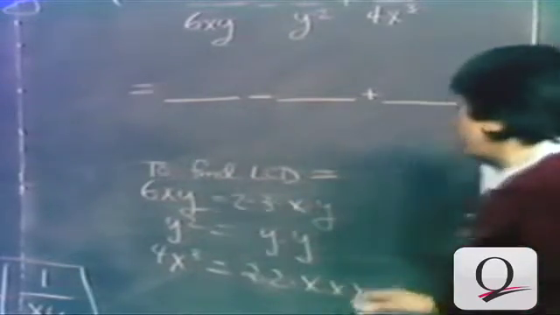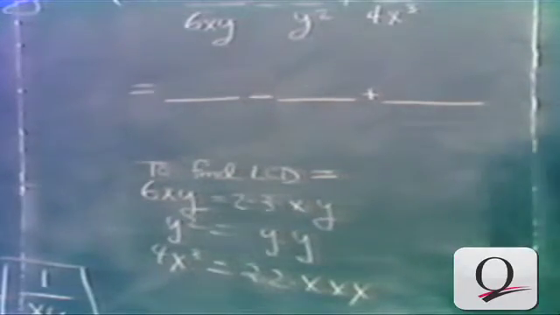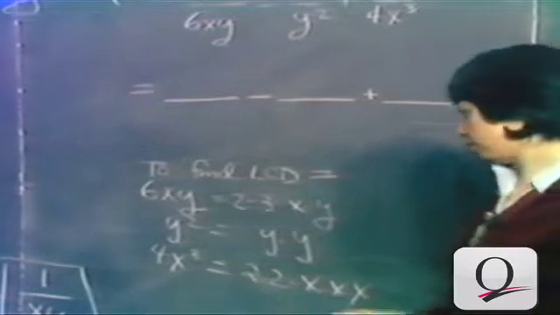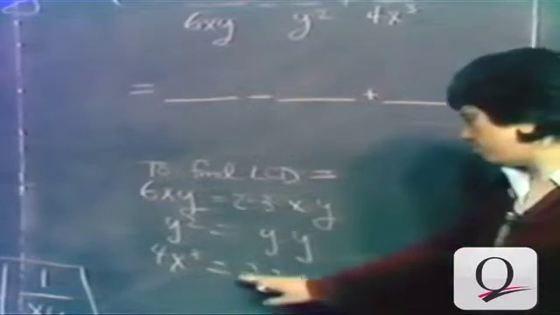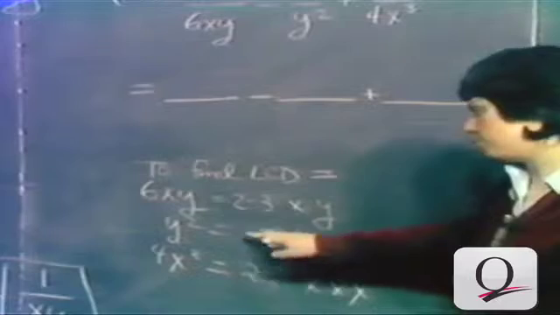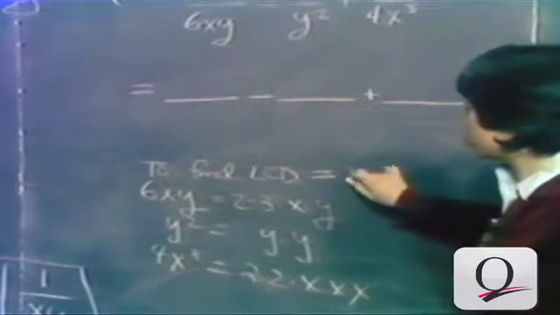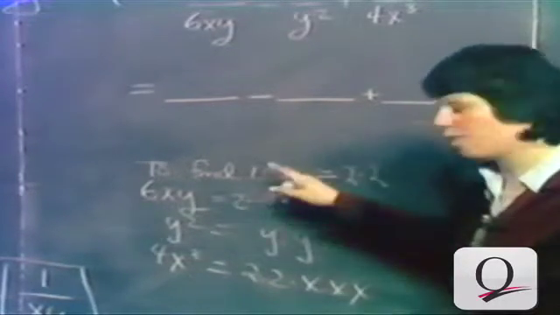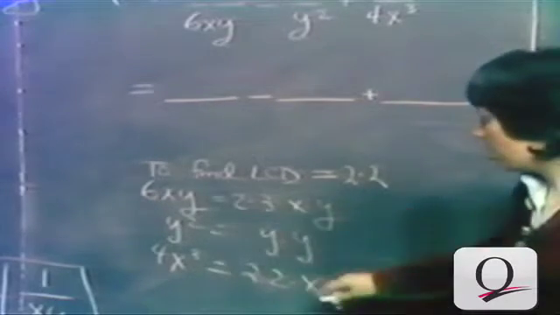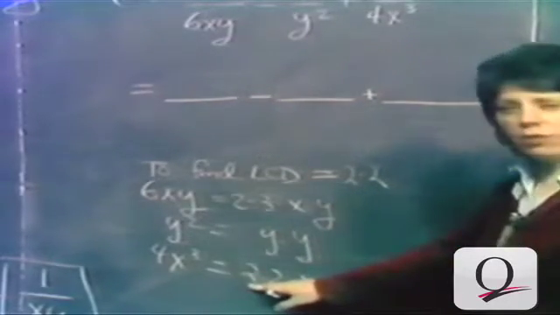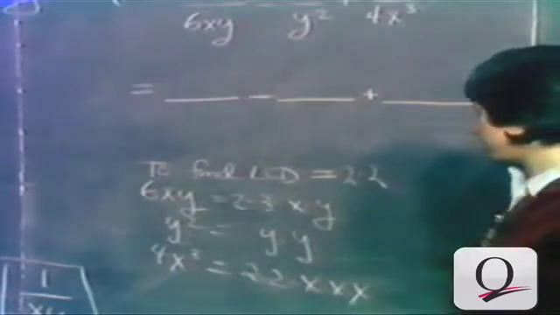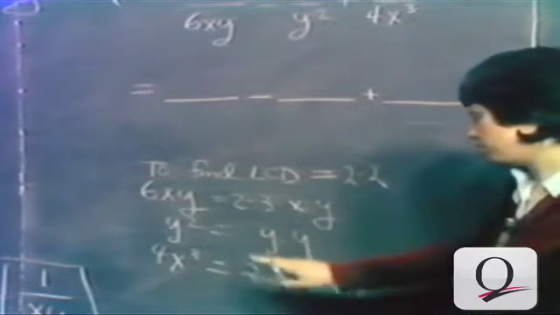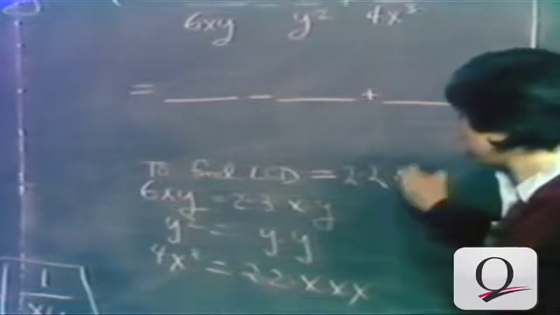Then we take each factor the largest number of times it appears in any one denominator. 2 appears twice here, no times here, once here, so we take 2 twice. We don't take it 3 times. You don't add up the total number of appearances. We just take the largest number of times it appears in any one denominator. 3 appears once, so we take it once.